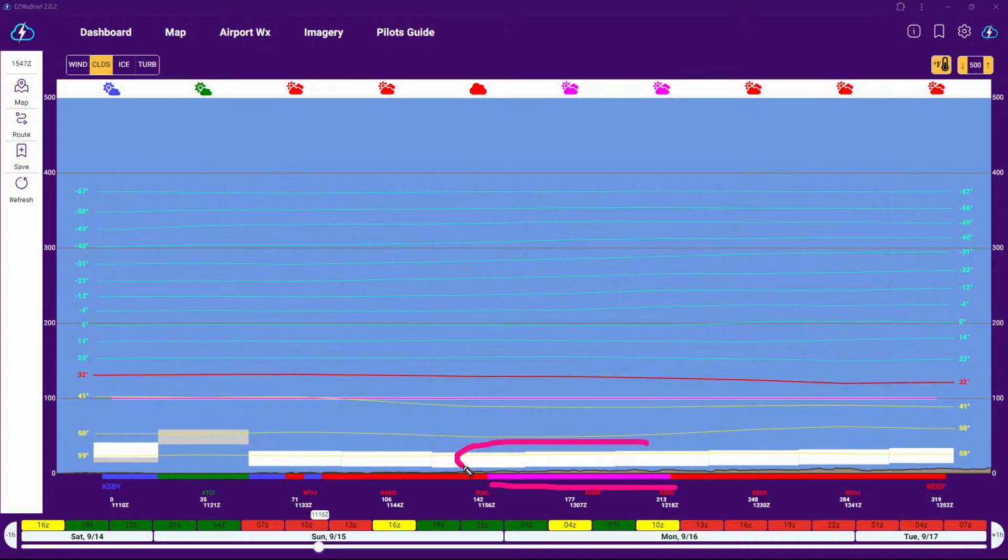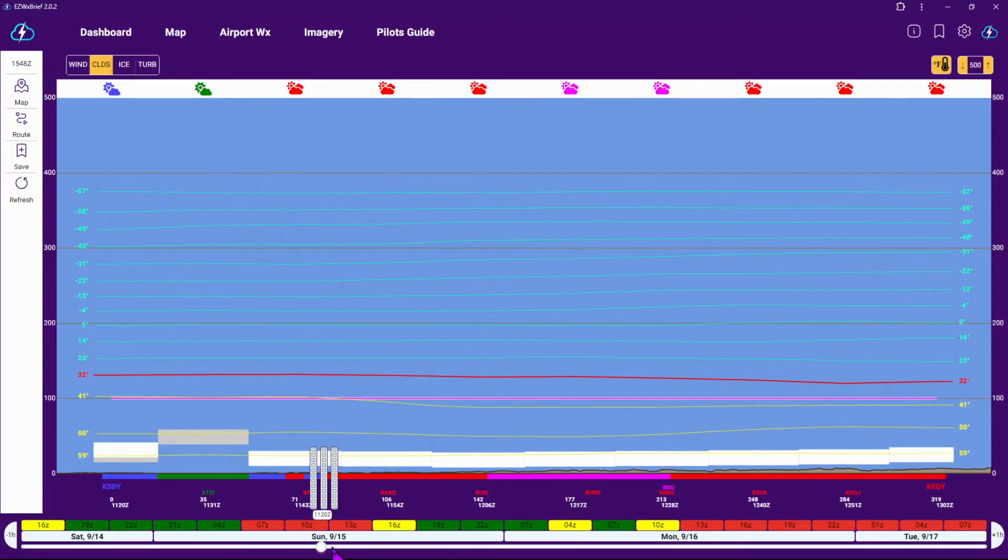You can see the ceilings here, the cloud covers, all down near the surface. So we would expect the possibility of a pretty good overcast layer with all that flow coming in from the northeast, laying down those IFR ceilings, and even some low IFR in that area.